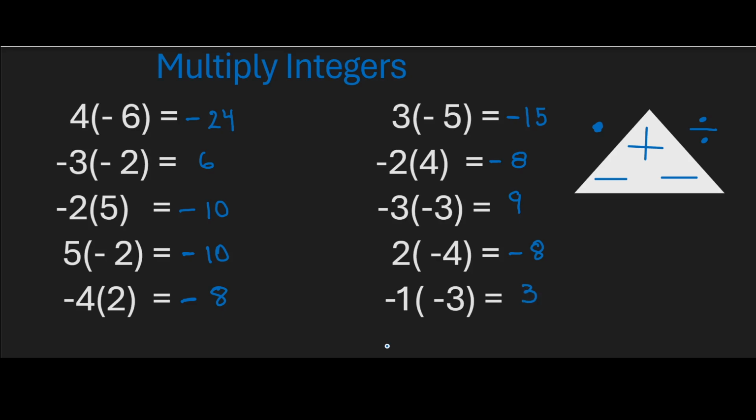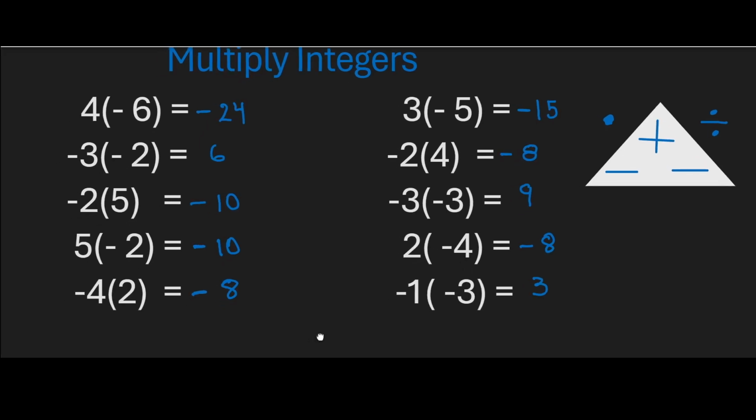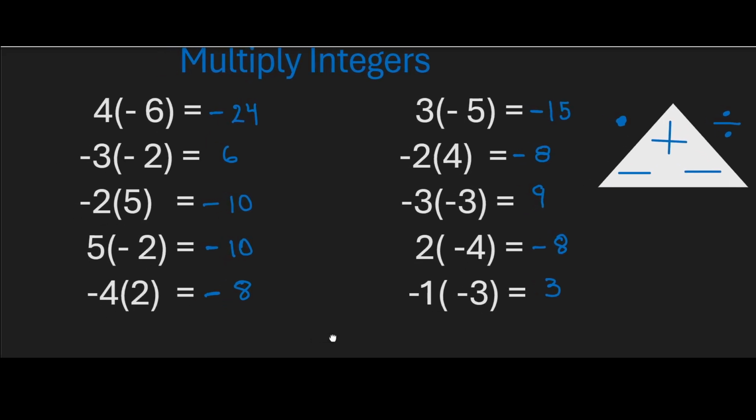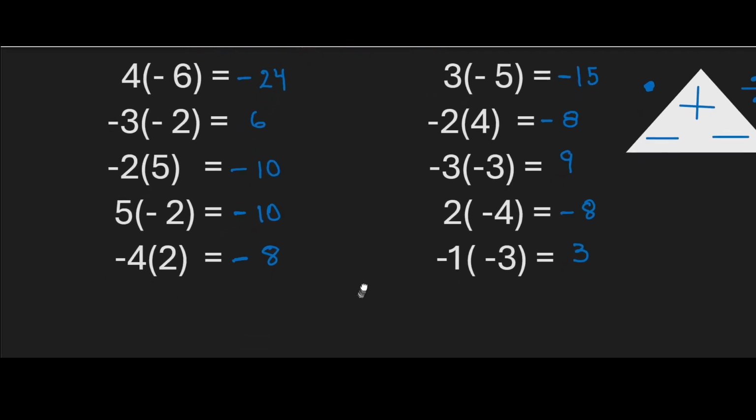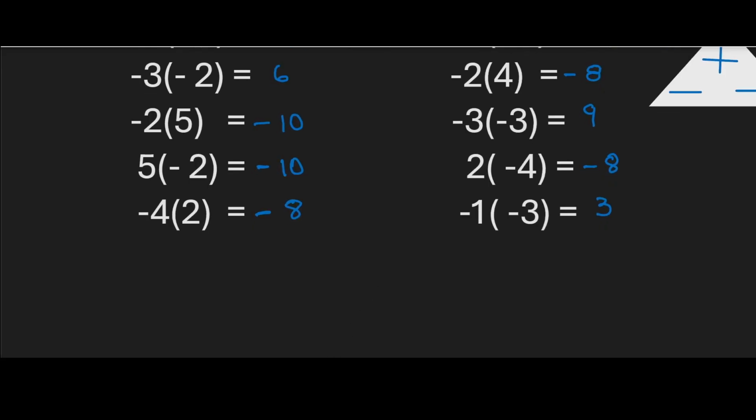Okay. Now, one thing that I want to talk about after this is that that's what you use whenever you multiply using this triangle. Okay. Now, if we have more numbers, for example, if you have negative 1 times negative 1 times negative 1 times, let's make it negative 6.